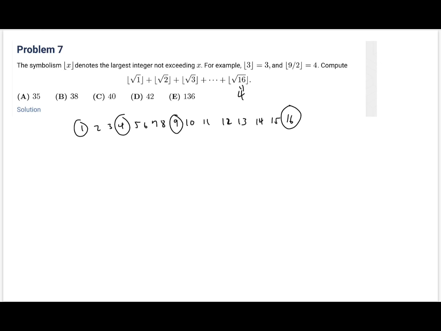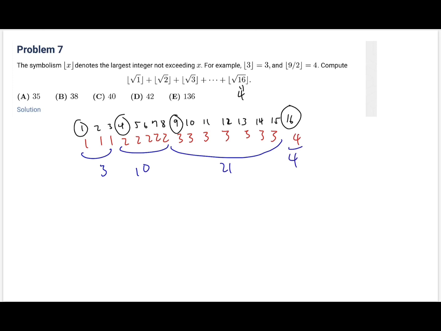Okay, so up to 4, it'll all be 1, and then from 4 to 8, it'll be 2, from 9 to 15, it'll be 3, and then at 16, it'll be 4. So this much is 3, this much is 10, this much is 7 times 3 is 21, this is 4, so 13 plus 21 plus 4 equals 13 plus 25, this is 38, so the answer is B.